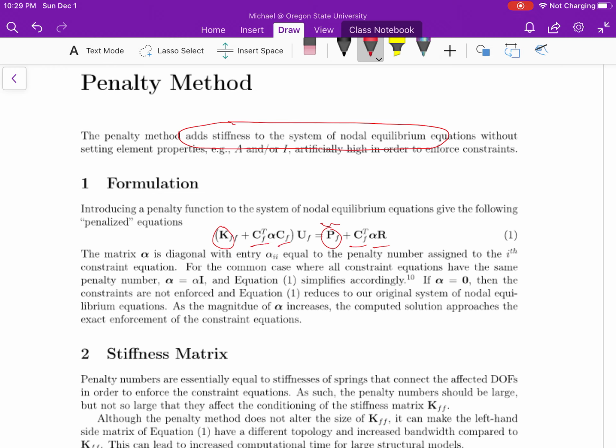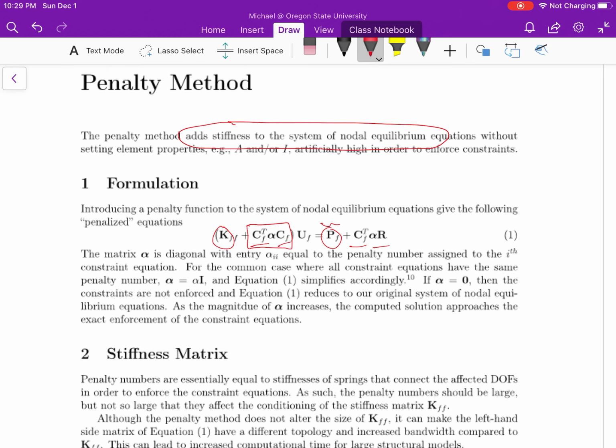But basically, what we're doing is we're taking this matrix triple product, CF transpose alpha times CF, and treating those as basically artificial springs that are added into our system of equilibrium equations. We add that in basically in parallel to the stiffness of the unconstrained structure.